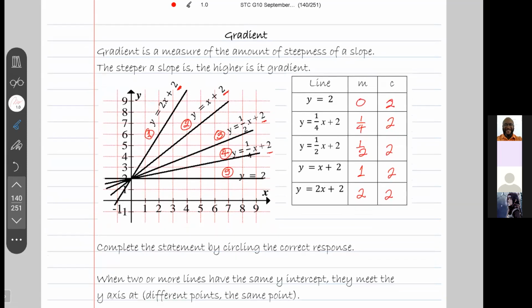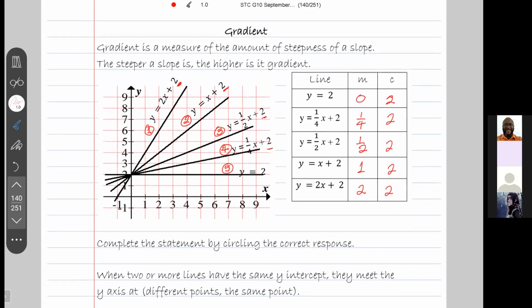Guys, it says complete the statement by circling the correct response. When 2 or more lines have the same y-intercept, they meet the y-axis at the same point or at different points.